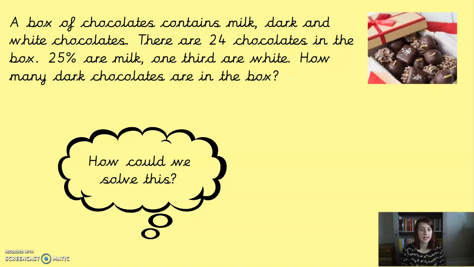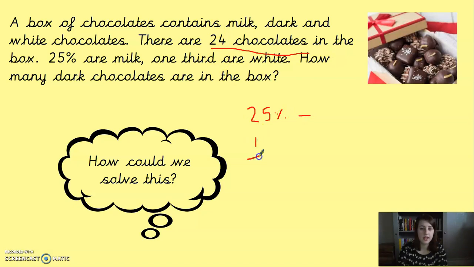Now this is a bit tricky, but what I want you to do is to have a go at it first. So you've got 24 chocolates in total. So when you add up all your chocolates, you cannot have more than 24. 25% of them are milk. So we've got 25% of 24.